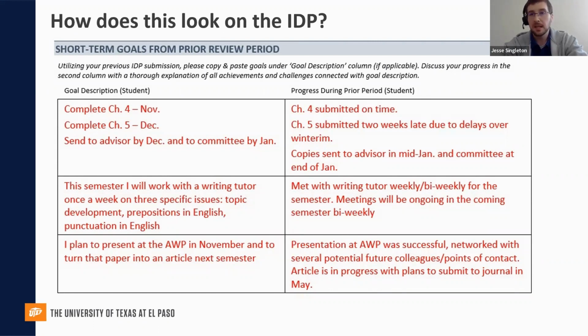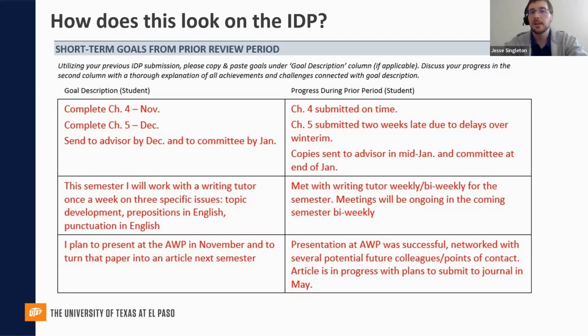One goal is academic progress, so completing chapters by specific dates and when to send them for review. There's a learning goal that's specific about working on writing and how they'll go about doing that. And there's a goal for professional development of submitting an article for submission as a paper. And so all of them fit the SMART category. And there are progress statements from the student because this is the review period.